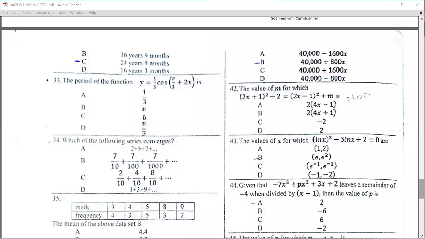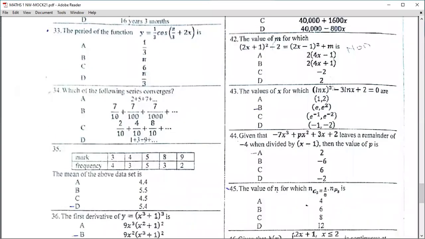Question number 43. The values of x for which ln squared x minus 3 ln x plus 2 equals 0 are. When you solve this equation, it's like a quadratic, right? So let ln x be equal to t. We factorize, t minus 1 into t minus 2.